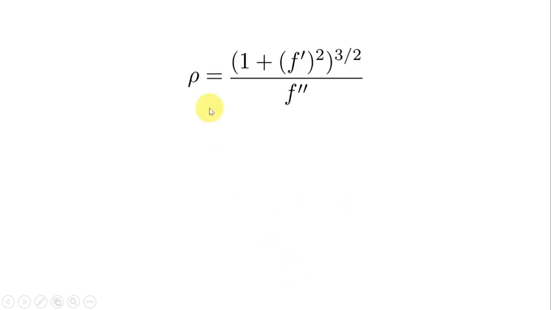Hence, the conclusion for the radius of curvature rho is that geometry determines the value of things like the elastic constants, or the radius of curvature. The radius of curvature is given by this expression: 1 plus f prime whole squared to the power 3 by 2, divided by f double prime.